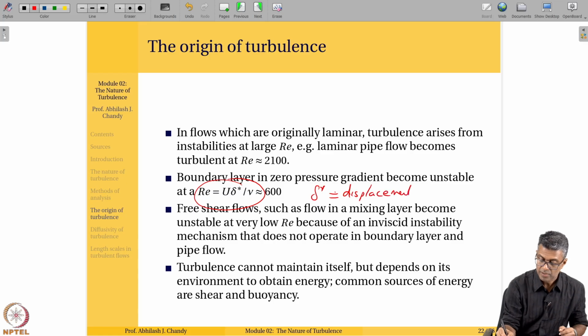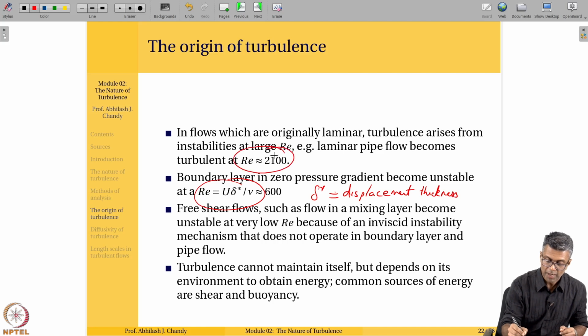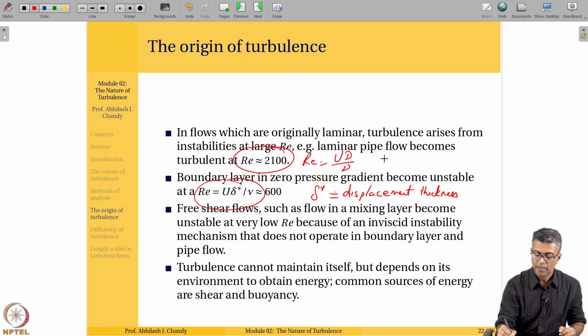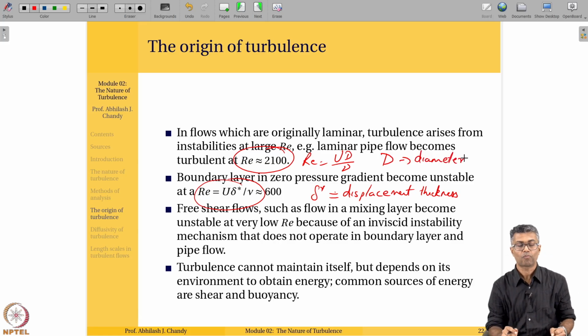So that is the characteristic length scale. Here, the Reynolds number for pipe flow would naturally be U d over nu, where d is the diameter of the pipe. So this would be a characteristic length scale.